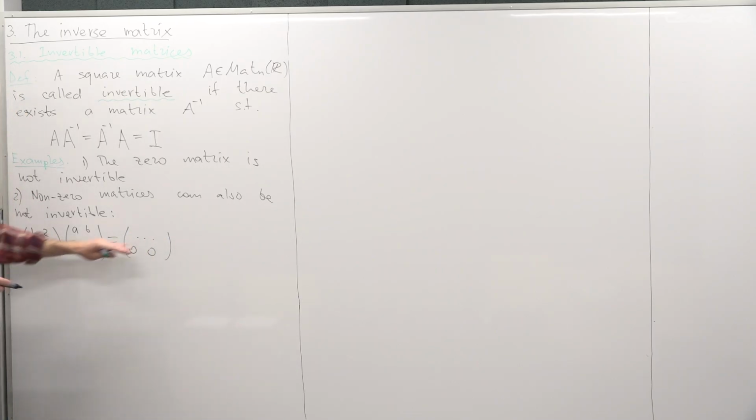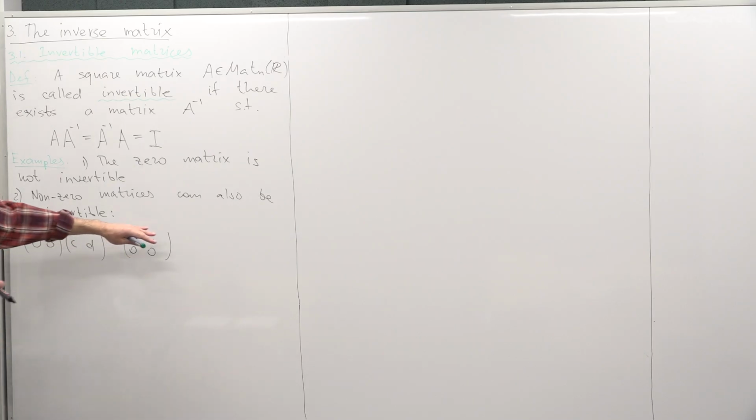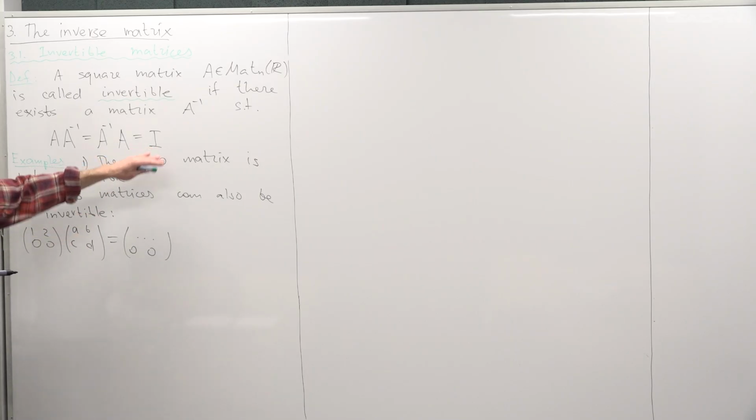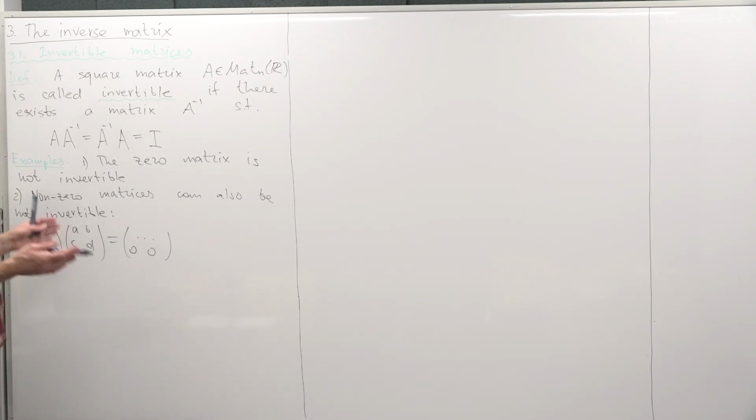So I will not even write what we have in the first row, just because we have the row of zeros here. So this product can never give the identity. Okay, so if our matrix has a row of zeros, it is not invertible, and by the same argument we can say that if our matrix has a column of zeros, it is also non-invertible.